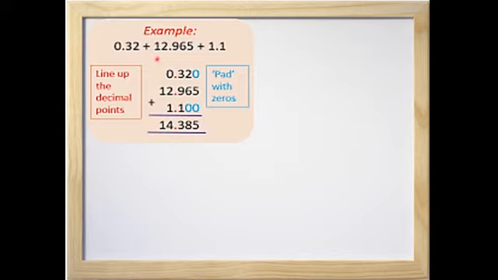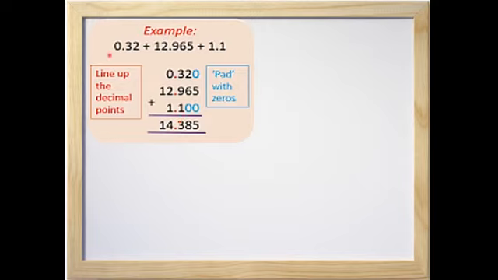Easily we see that 12.965 is the number having the maximum number of decimal places. So we have to convert the other two decimal numbers into like decimals having 3 decimal places. And before that, we have to arrange these three numbers in a column so that we can add. And also we have to be very careful that the decimal points lie one below the other.